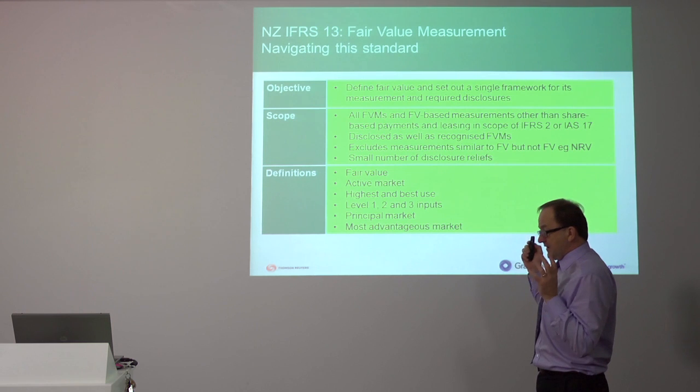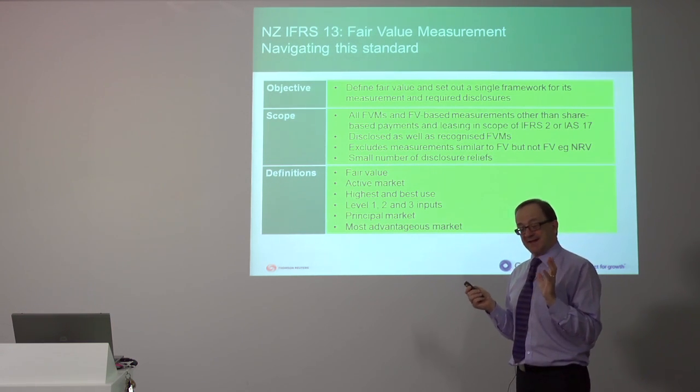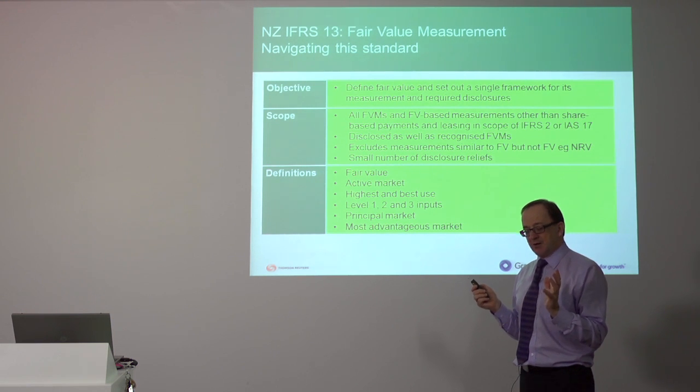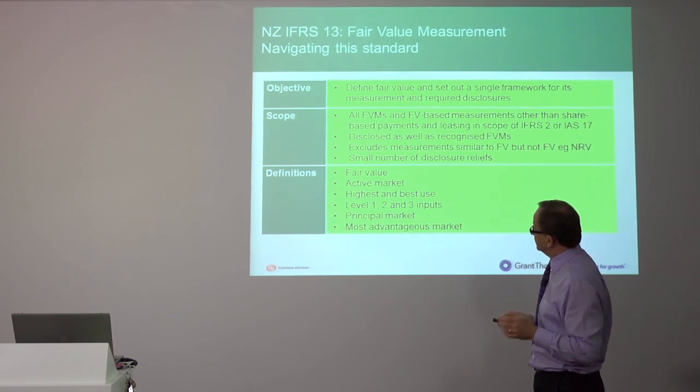And again, this is to recognize that fair value is such an integral component of IFRS reporting that there needs to be some consistency in the way that it's measured and reported.